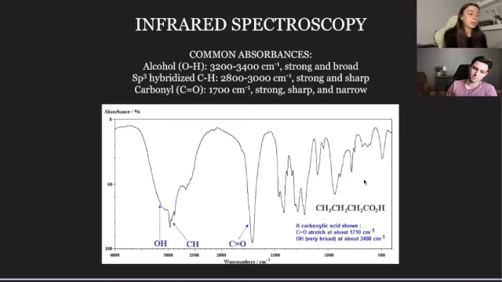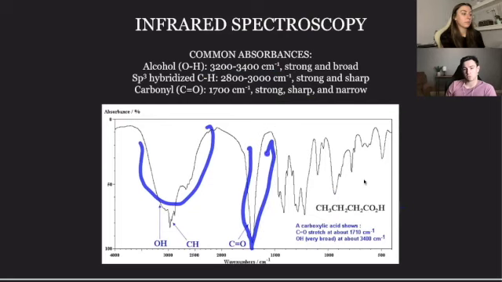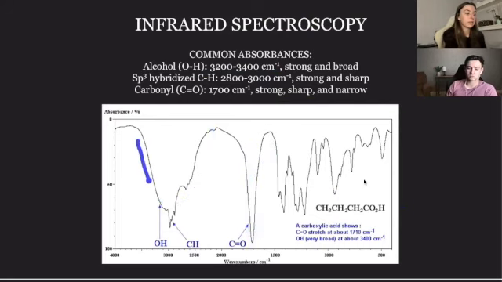This is the IR spectra for butanoic acid, so it's going to look different no matter what it is. So don't memorize this graph, memorize the common absorbances, the actual numbers, and then memorize how they look. Is it really narrow and sharp like carbonyl, or is it rounded and broad like alcohol?